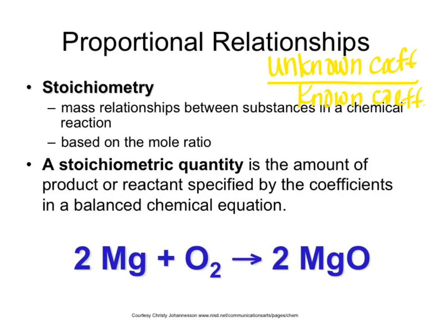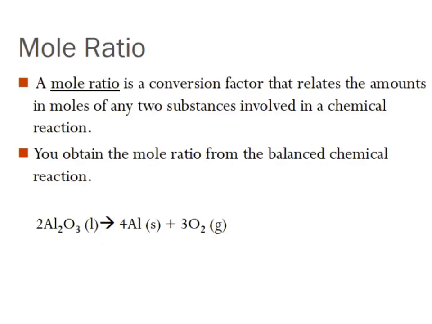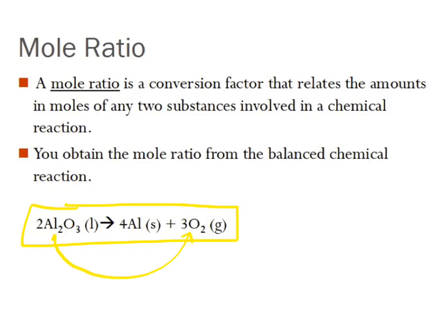Okay. So the next slide talks about mole ratios. What is the ratio of something to something? What's the ratio of Al2O3 to O2? What's the ratio of this to this? 2 to 3. So now I can write that.